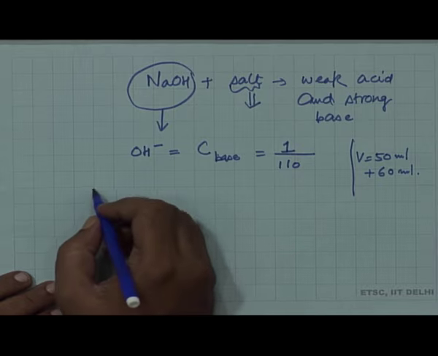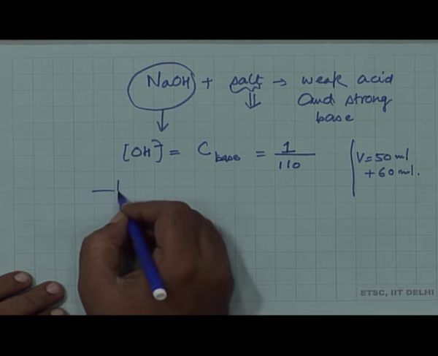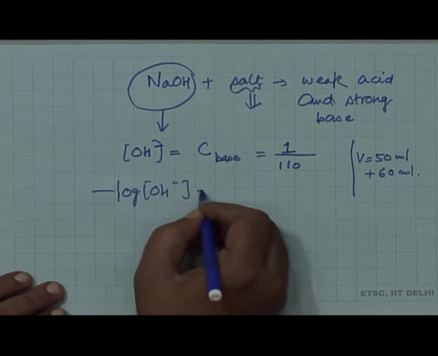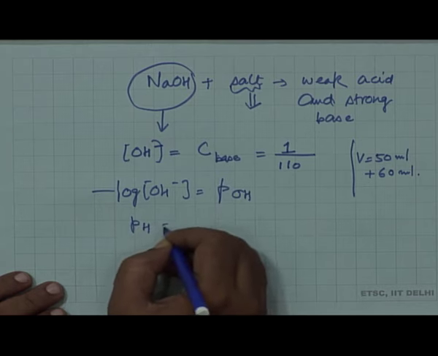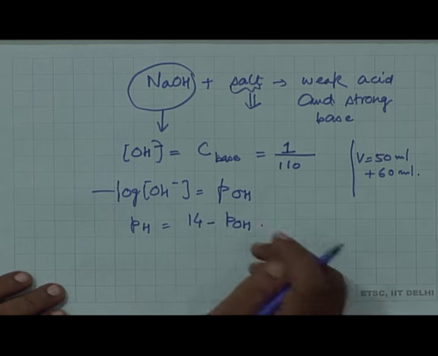and once we know the OH minus ion concentration, we can simply calculate minus log OH minus ion, and this is nothing but pOH, and pH can be calculated from pOH: 14 minus pOH.